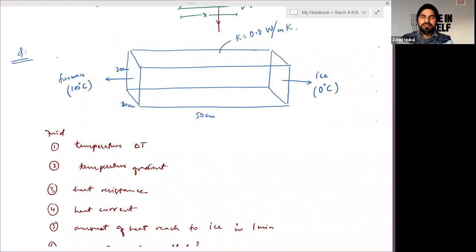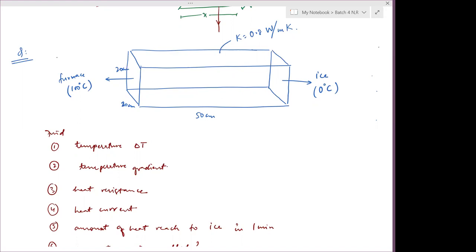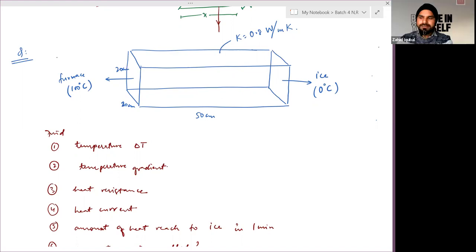Gautam, any problem related to this part? Okay. Nabila? No doubts, sir.